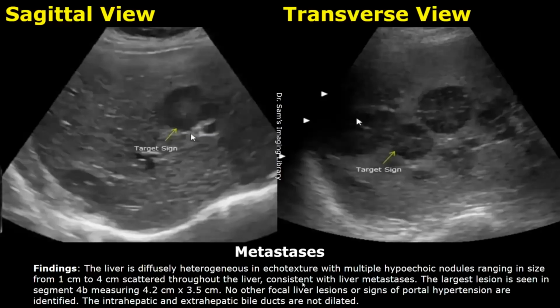Such findings, along with a history of colon cancer, are consistent with liver metastasis. You can write the size of the largest lesion seen, and if other abnormalities are seen, you can also mention them as well.